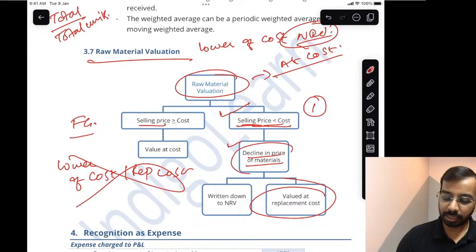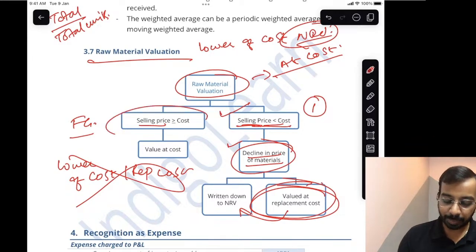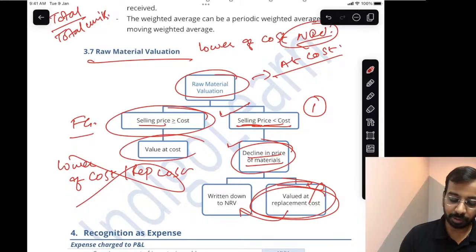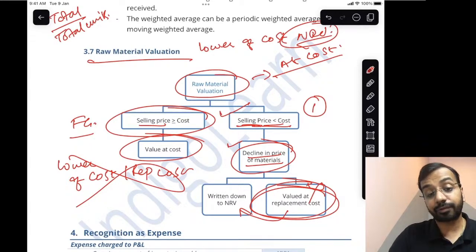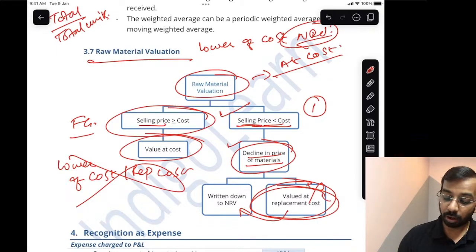Second condition, there is a decline in price of material. Then you will value it at replacement cost, which is an indicative of NRV. But if selling price is greater than or equal to cost, then you will not consider replacement cost. You will only value it at cost. Even if the value of raw material is declining, even in that case, you will not value it at replacement cost. You will value it at cost only.